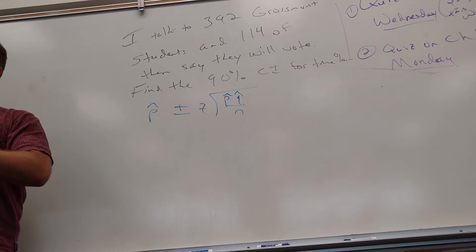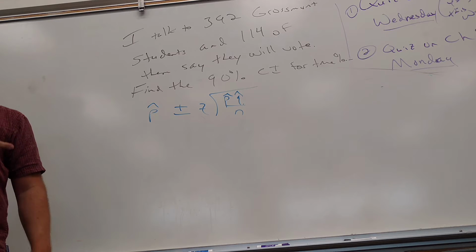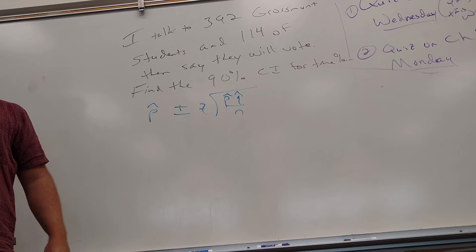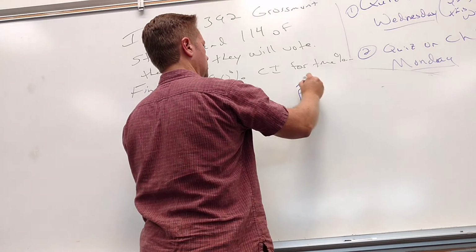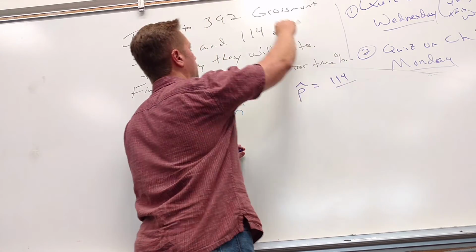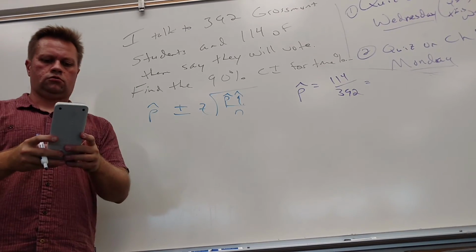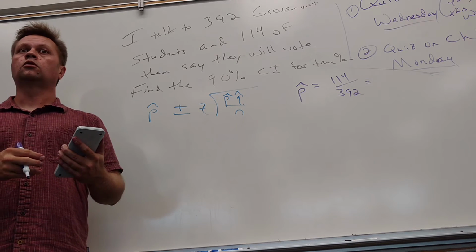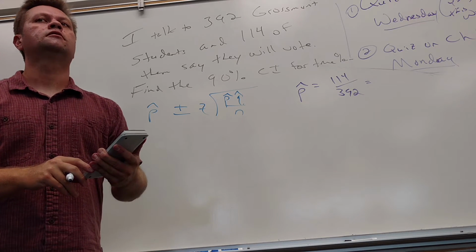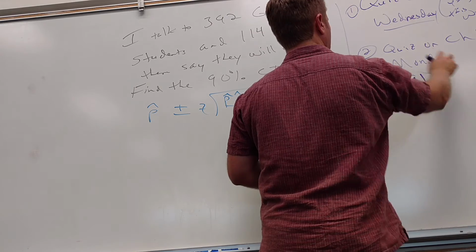So I got to calculate. What do I need to calculate? P-hat. If I know p-hat, I know q-hat. And I know n. What's n? 392, not 114, right? So how do I calculate p-hat? Yeah, 114 of them said they will vote out of 392 people I talked to. 0.291.